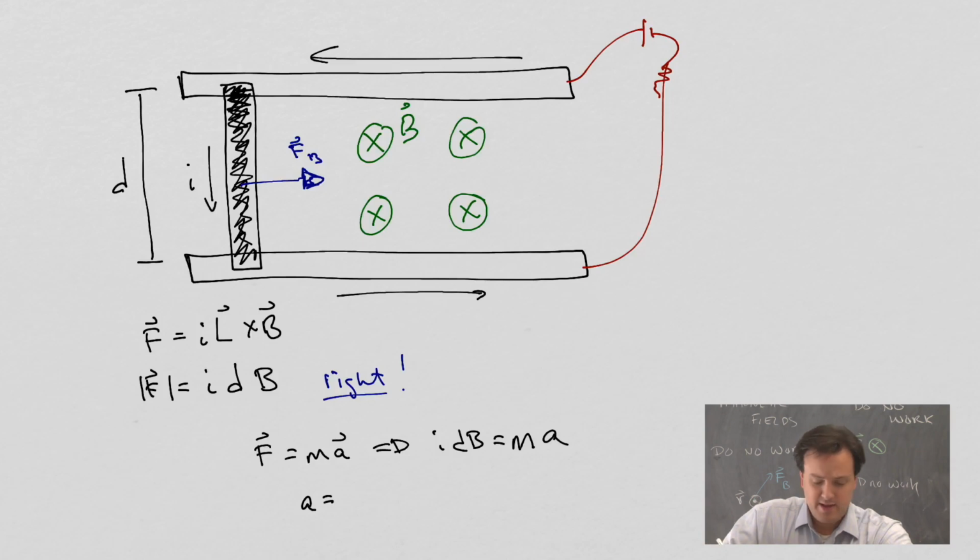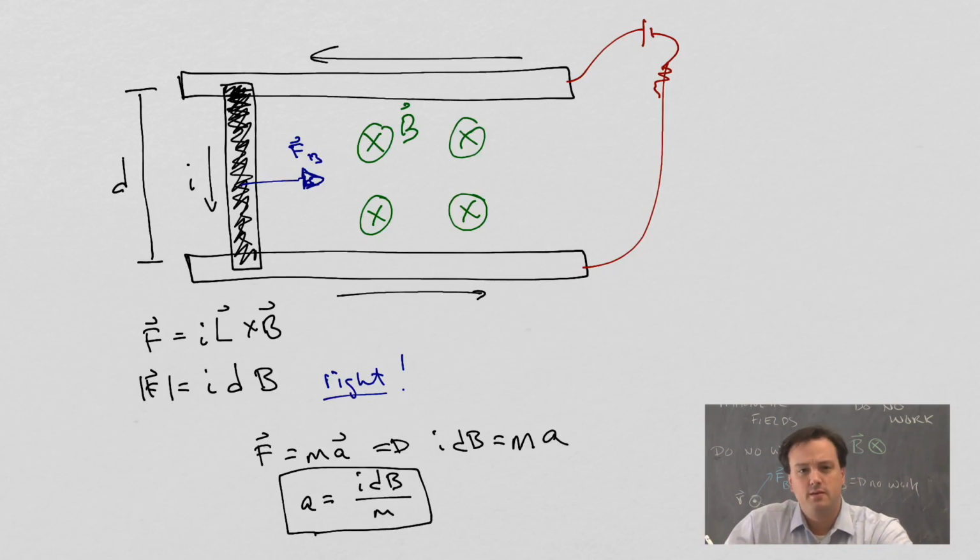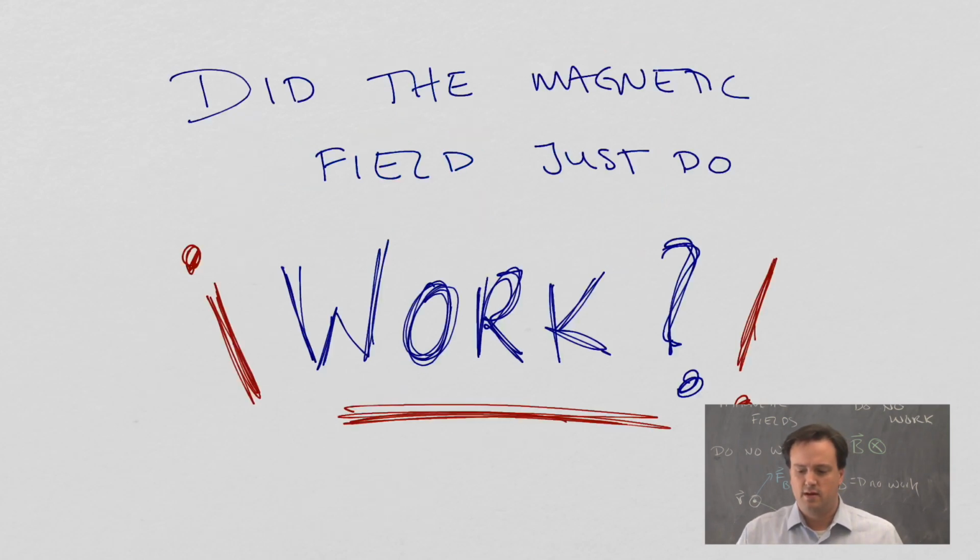Well, a isn't 0, right? A is IdB over m. Therefore, the rod's going to be accelerating to the right, right? Because there's a force on the current, and that force doesn't change, and the rod moves to the right, and it accelerates to the right, which means the speed is getting faster, which means the magnetic field is doing work.